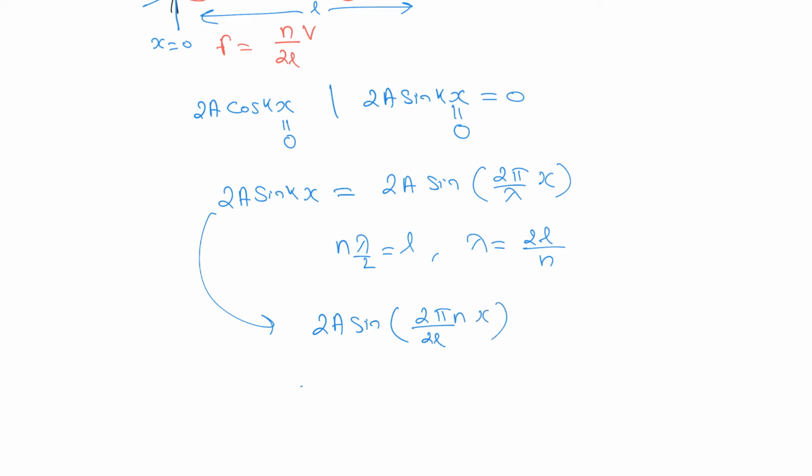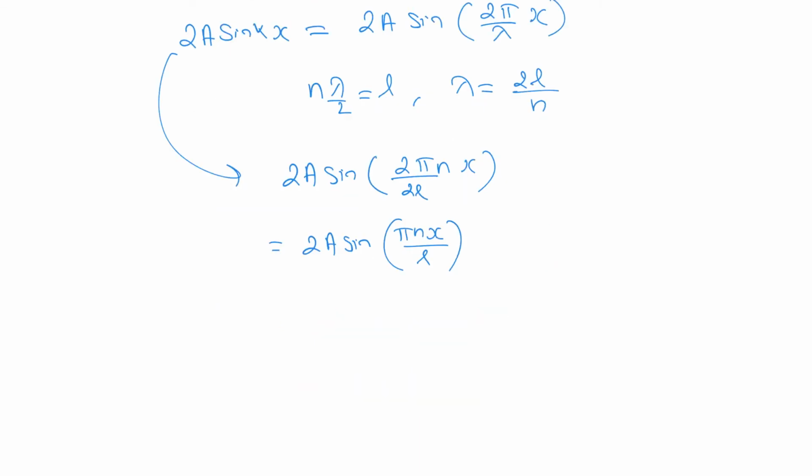So this equation becomes 2a into sine of, this 2 gets cancelled, the remaining thing is pi into n into x divided by L. So we can write the actual equation for this stationary wave. For amplitude it should be 2a sine of pi n x divided by L, and for its oscillation it can be sine omega t or it can be cos omega t.